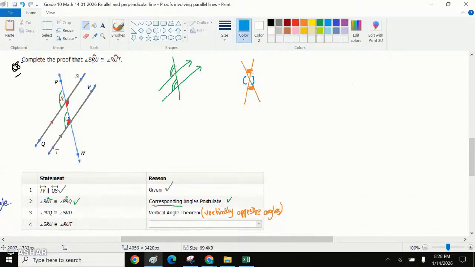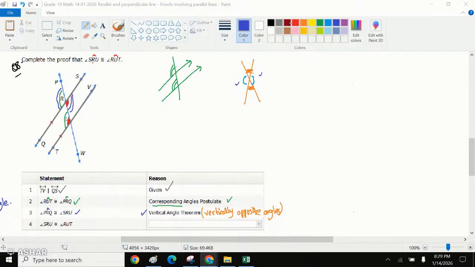So we look at the formation of X intersecting lines. So can we say PRQ and SRU? We said that these two angles were vertically opposite angles. Agreed? Because we can show it over here that these are vertically opposite angles.